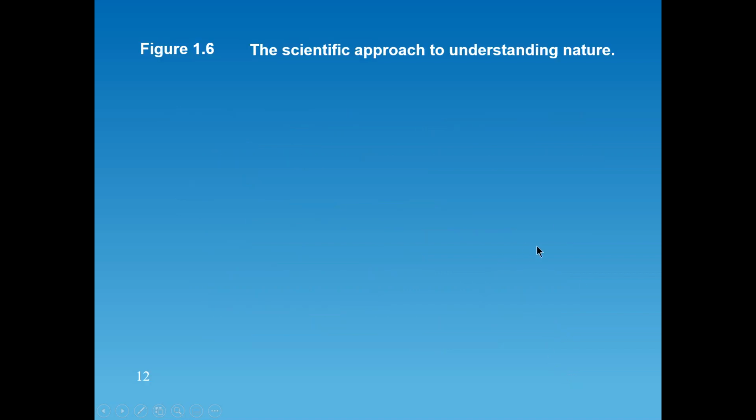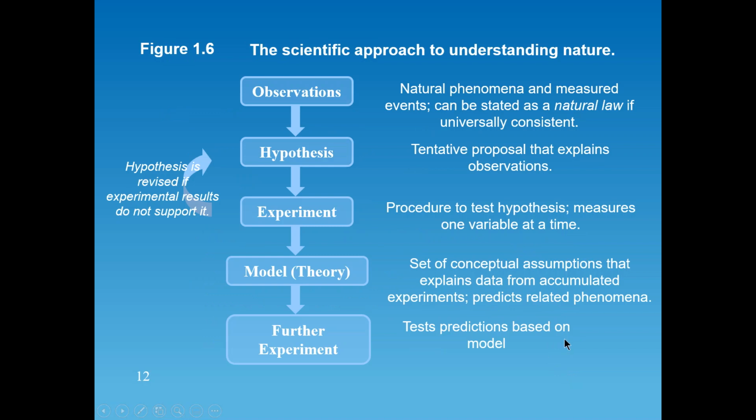Okay, so the next slide is basically going to show you a flowchart of what I just described. As I said before, in the case of the scientific approach or the scientific method, we start off with our observations, and then we come up with a hypothesis for the observations, right? As we said before, it's a tentative proposal that explains observations, and then we test our hypothesis with a carefully designed experiment.